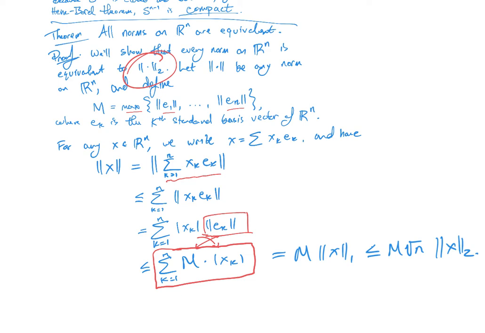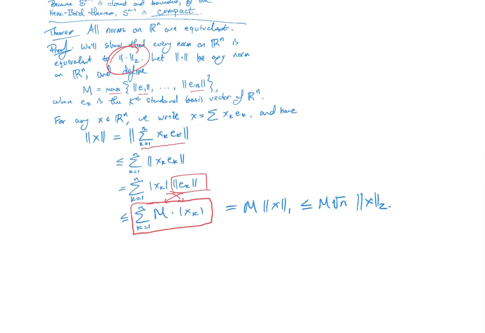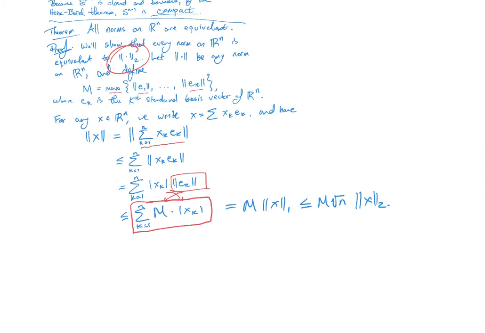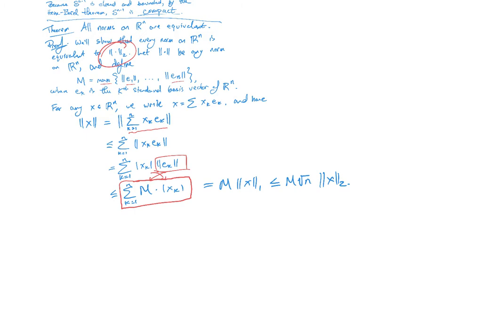What about the other direction? The other direction is a little bit tricky. It's certainly trickier, because for the other direction we want to get a lower bound on this norm. Let's use what we've got here. So it follows just from this direction.